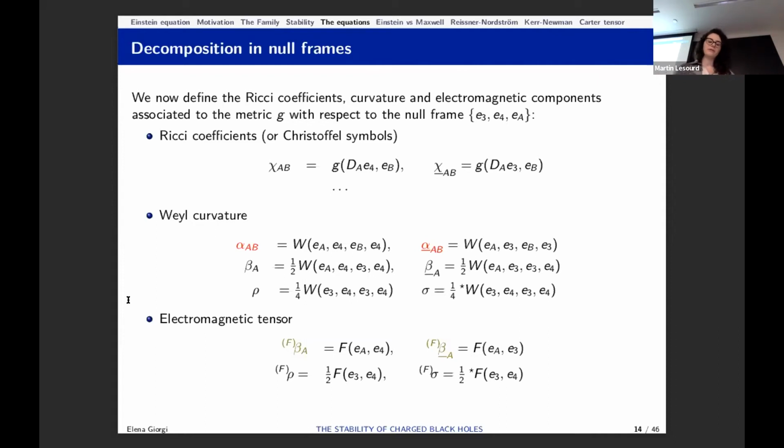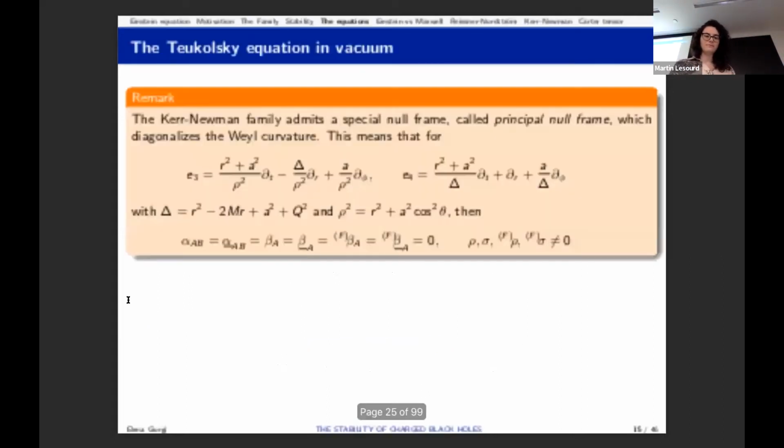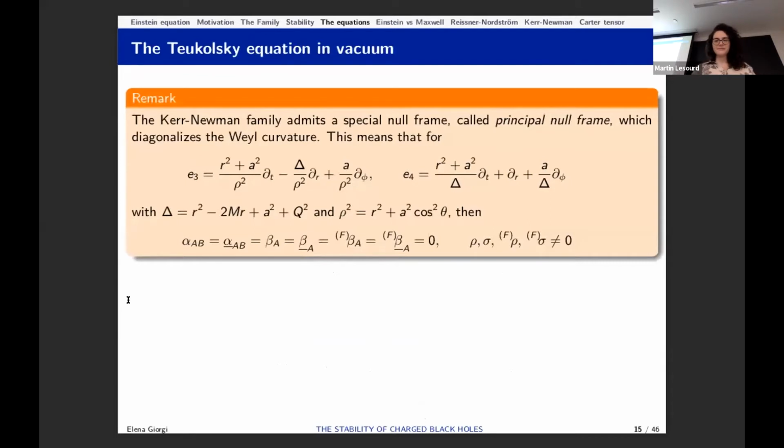Okay, so if you look at the Maxwell equations on, let's say, a fixed Kerr background, they satisfy the Teukolsky equation. But now we're actually looking at the coupled electromagnetic-gravitational perturbation, so it's not going to be that simple anymore.